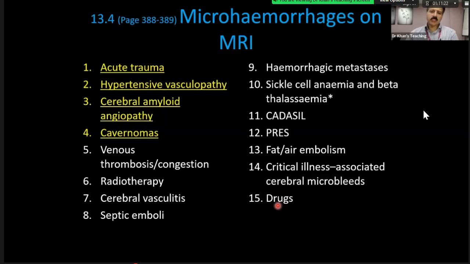So if you see these microhemorrhages on MRI, this is very important for your day-to-day clinical practice. T2 star or SWI sequence should be part of the protocol in any patient in the 60 plus age group. Why? Because of cerebral amyloid angiopathy. In our department, we do it as a standard now. Each and every patient gets it.